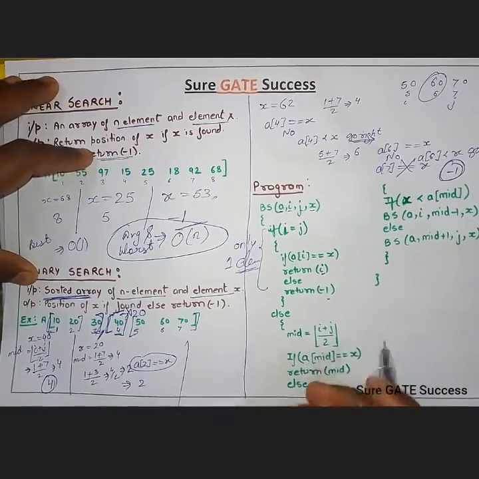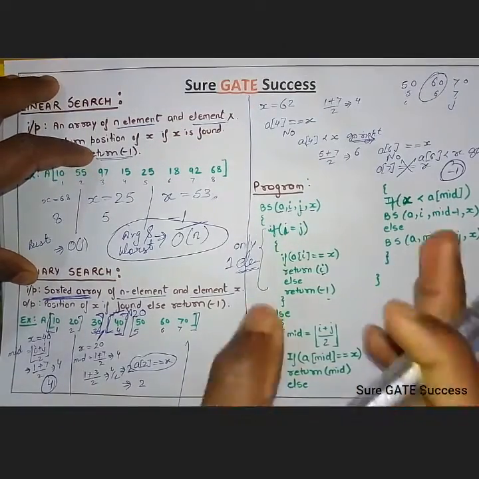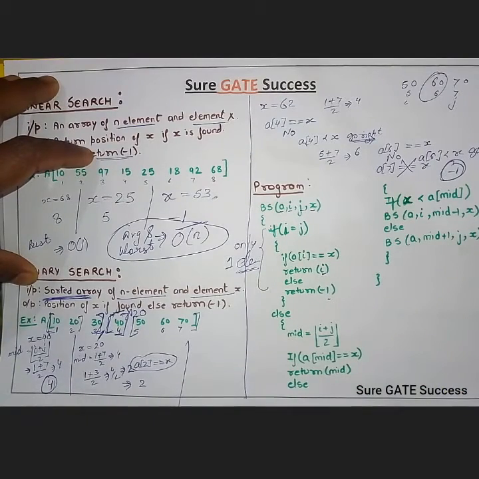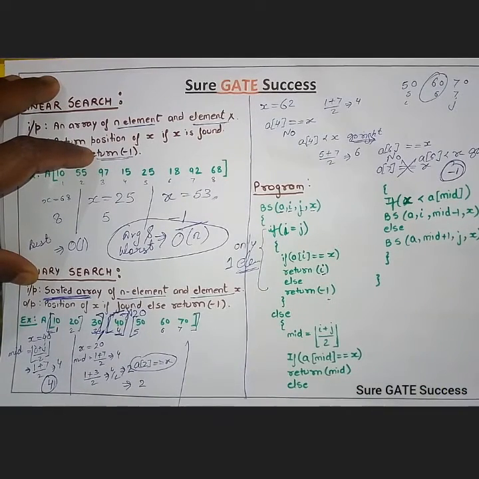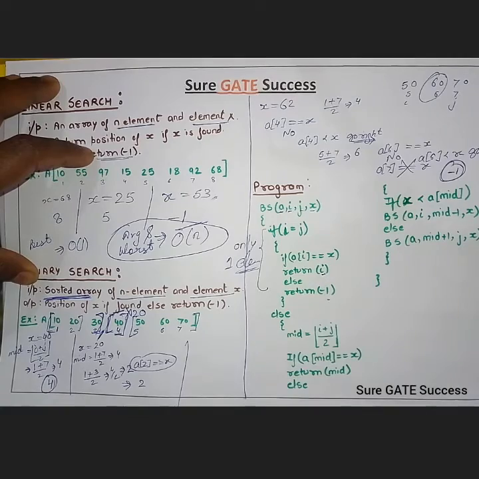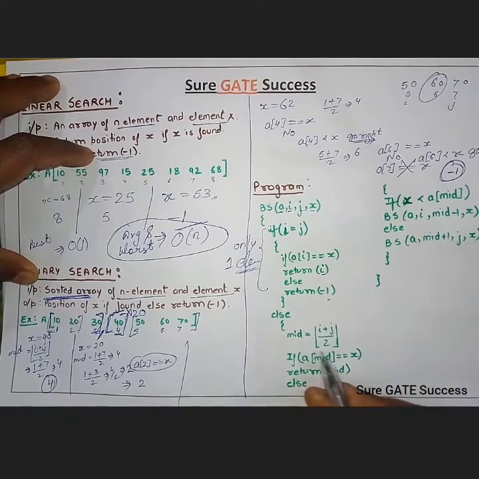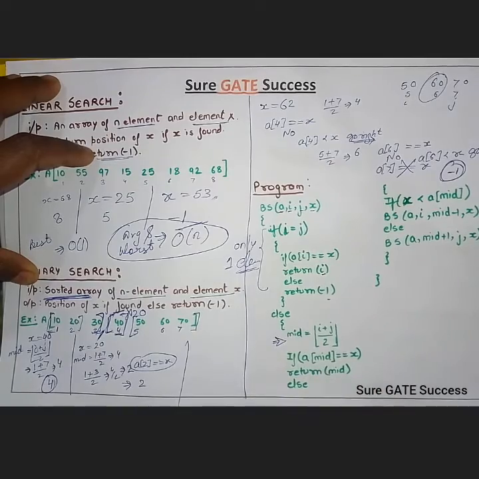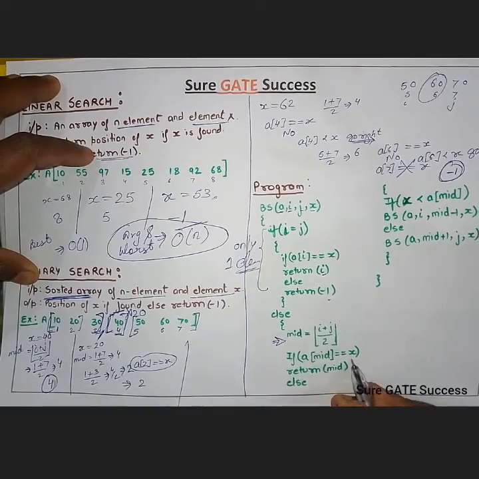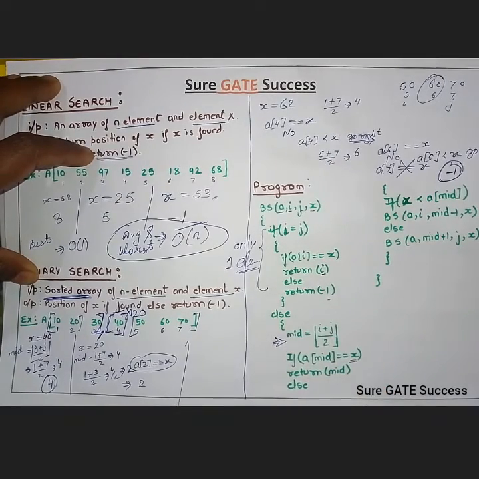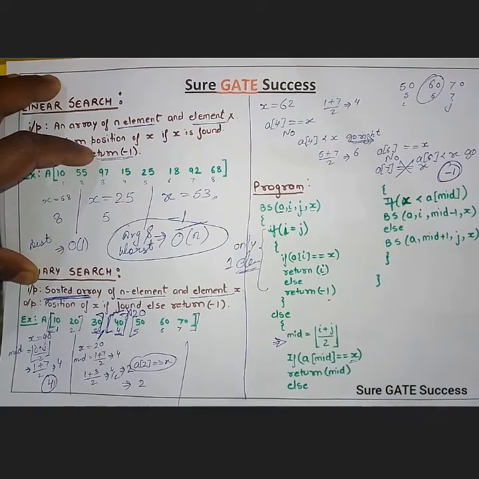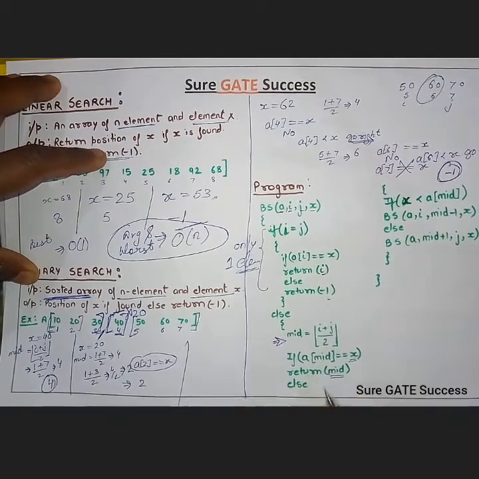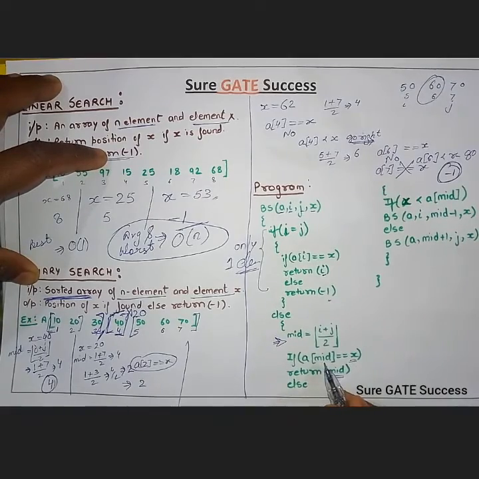In the else part, if there is more than one element, then firstly we have to find the mid position. In the same way we found the mid position, then we have to check whether the element at mid is equal to x or not. If it is equal to x, return the position, that is, return the mid value.